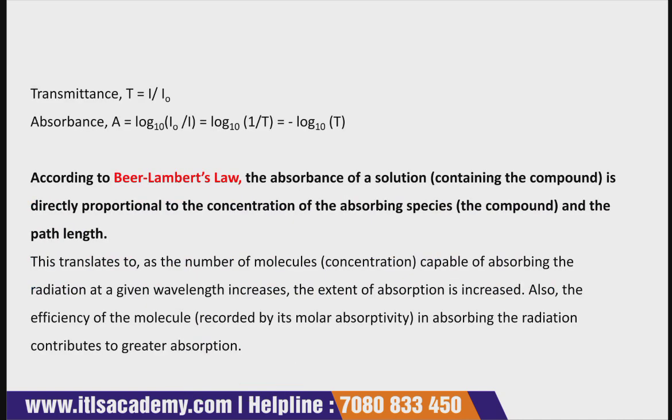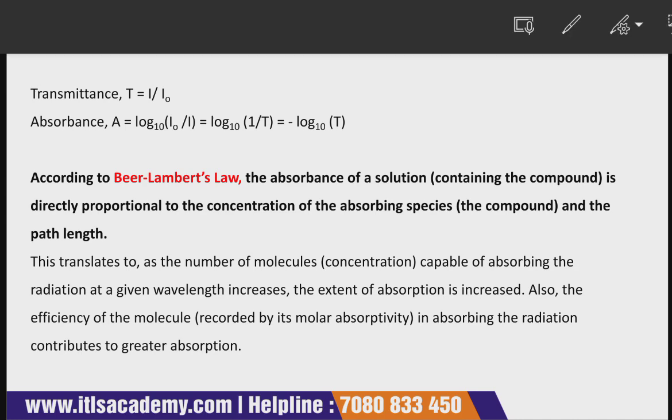Now moving to the next, what is the formula for transmittance? Transmittance is equal to I upon I0, where I is the transmitted radiation, and I0 is the incident radiation. So again I am just writing it here, or you can note it down somewhere.